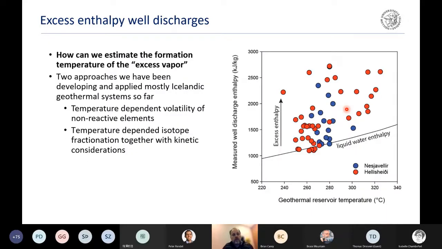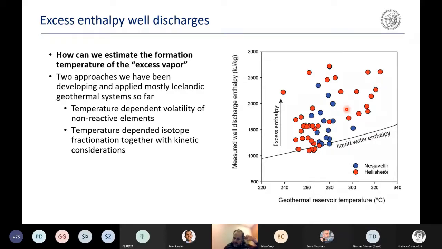The way we're doing this is that we're trying to develop some kind of thermometer or thermometers in order to calculate the temperature of this excess vapor formation. And we have been trying out two things.